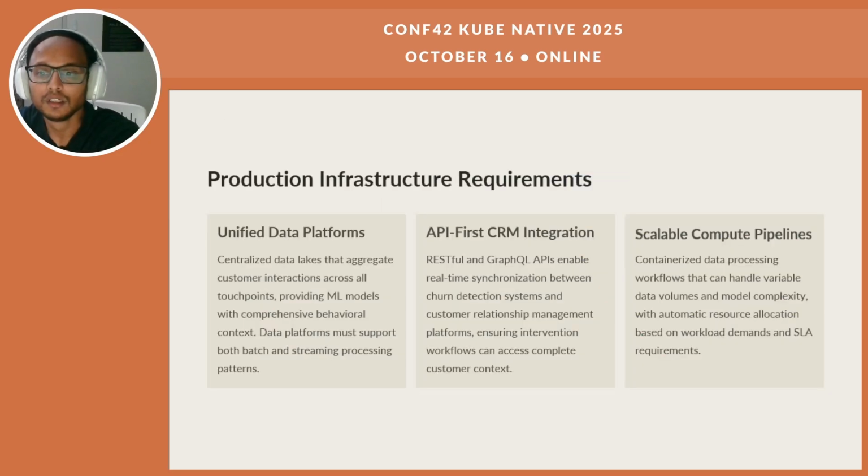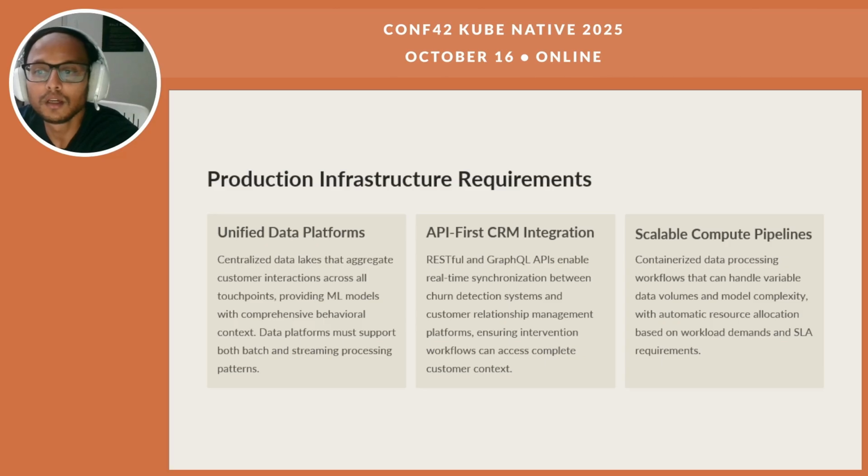Okay. So let's talk about what this means in terms of production infrastructure requirements. I would say there are three aspects that are essential. Having a unified data platform. So this is something that should enable both batch processing as well as real-time processing. And so we need a good unified customer data platform. Second is having an API first CRM integration.